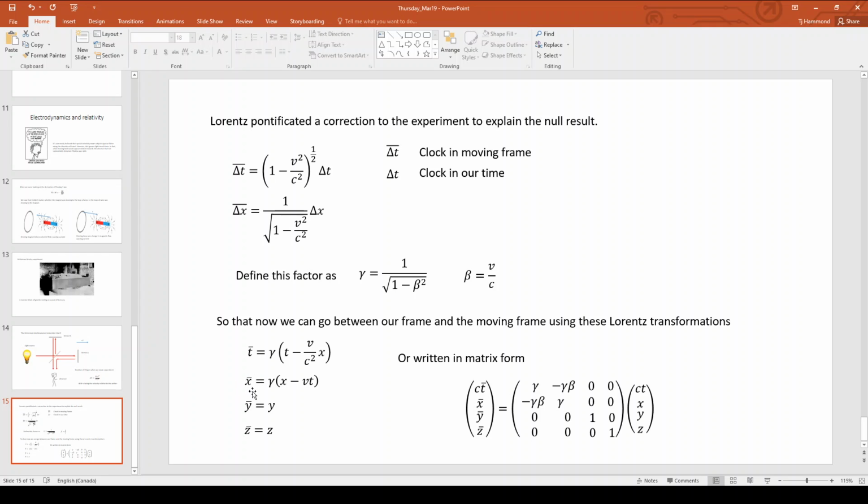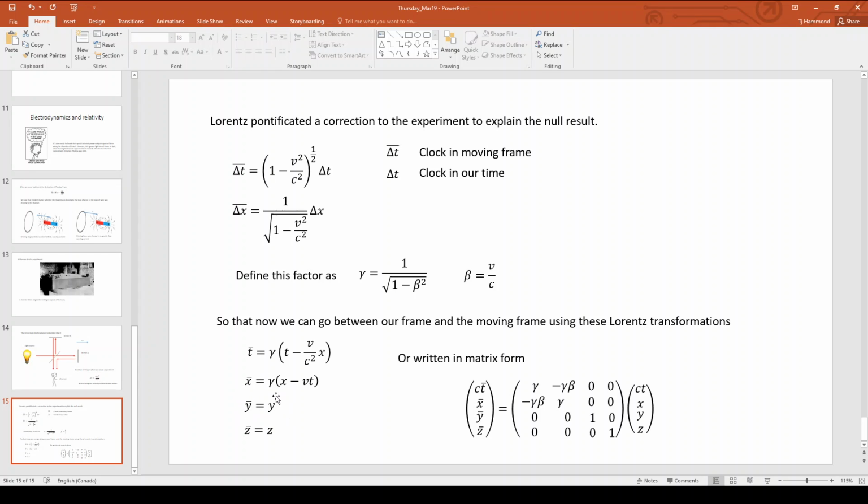And if we're measuring some position, say somebody's on a train or a boat or a car or a plane that's flying by us, this gamma factor is going to be equal to 1 in a Galilean transformation. But the position that they see is going to be our position minus this relative velocity times the time. And so this is consistent with Galilean transformations, but now with special relativity we have this gamma factor.